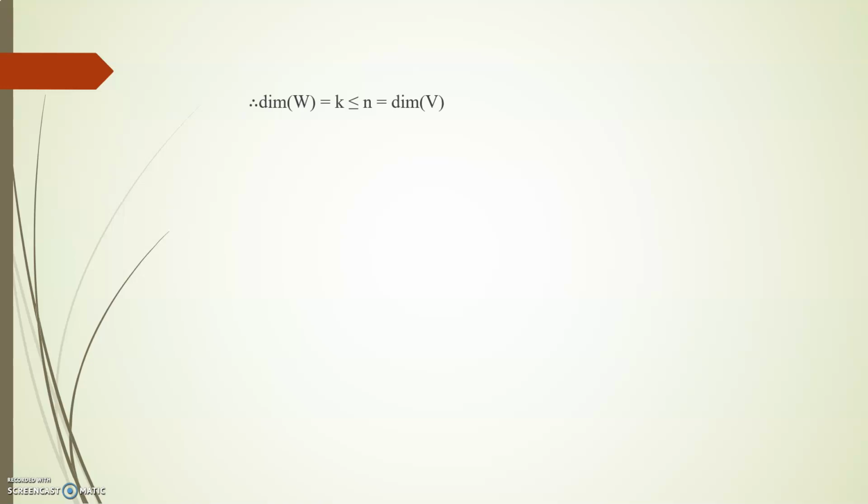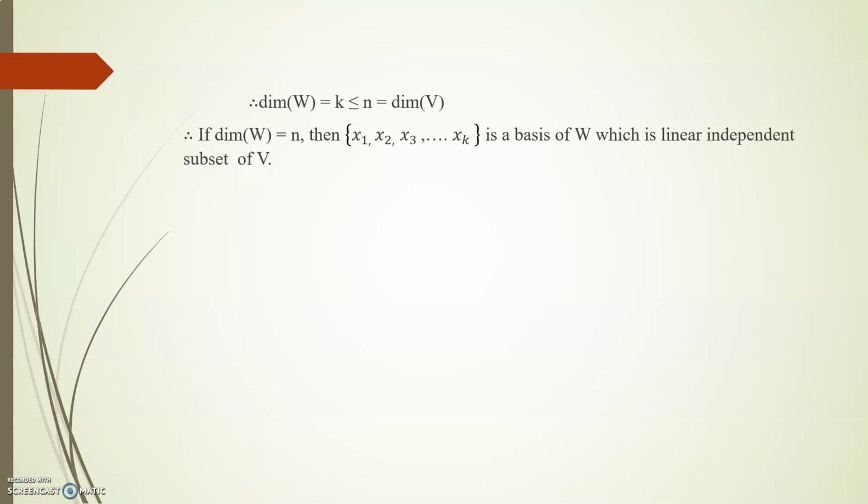Therefore, we can write dimension of W is equal to k, which is less than or equal to n, and n is already taken as dimension V. Therefore, if dimension W is equal to n, then x1, x2, etc., xk is a basis of W, which is a linearly independent subset of V. Therefore, it is also a basis for V. So from this we understood that previously we took dimension V equal to n, and here the dimension of W is equal to n.